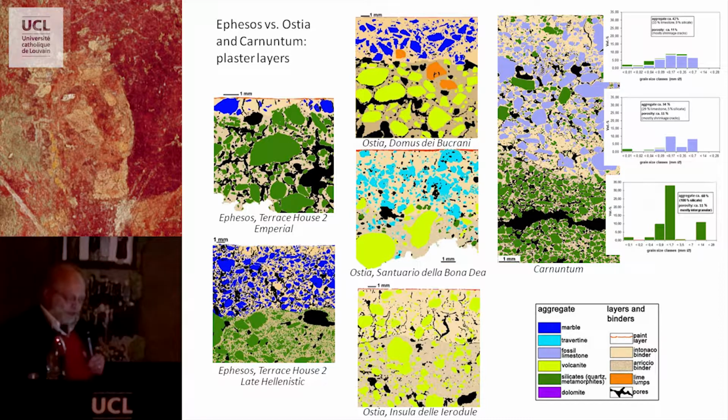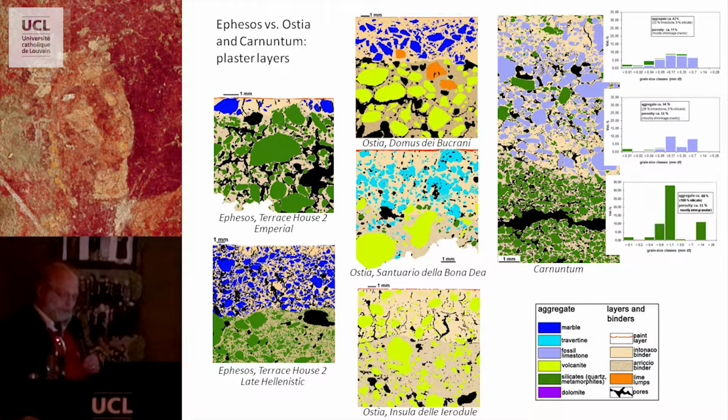In this case of Santuaria della Bonotea, it's not marble dust but travertine as a substitution in the intonaco layer. And in another building, you still use this name of Casa de... which is maybe, as I understood, a relatively cheap decoration.